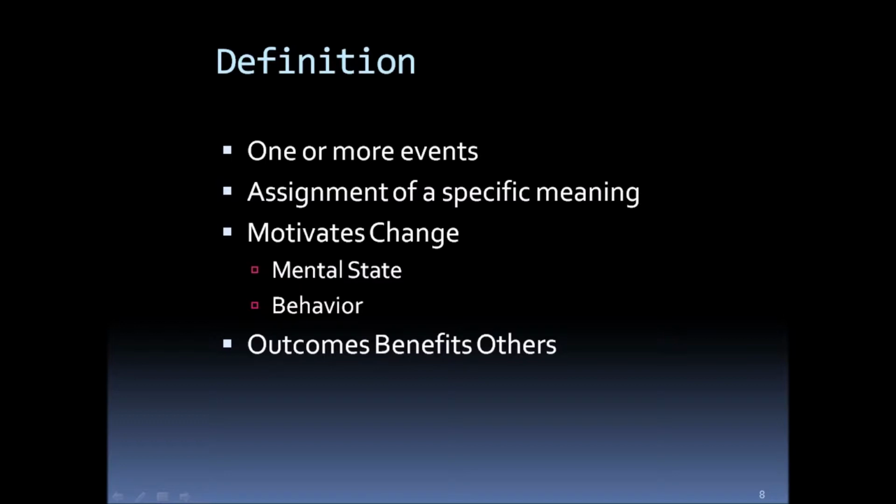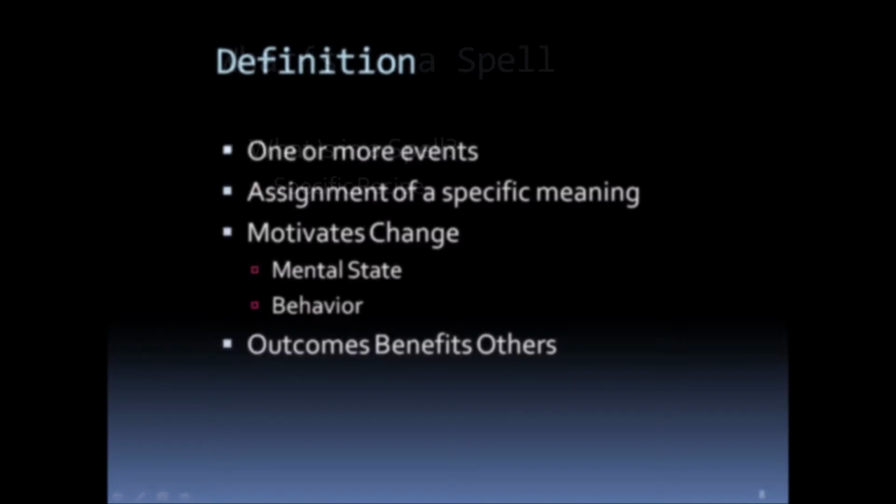The meaning that you assign to it will then motivate a change in your mental state and your behavior. Not necessarily both at the same time, but quite often they do go together. You'll notice you'll have a mental state change, and that will elicit a behavior. The other part of what I'm calling a spell is that the overall outcome is for someone else's benefit, not yours. So this is kind of where we're going with this.